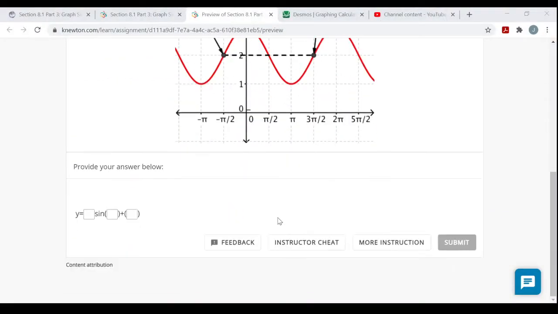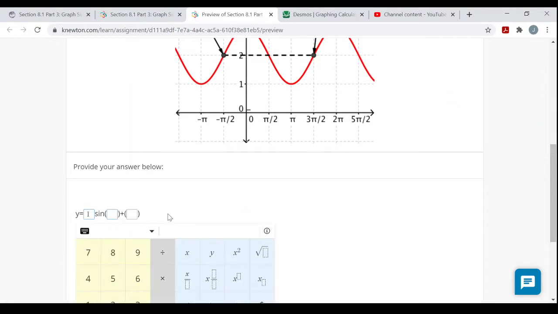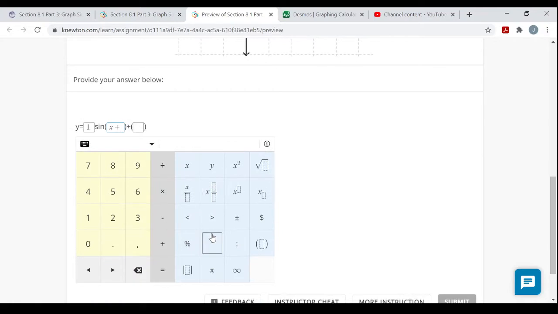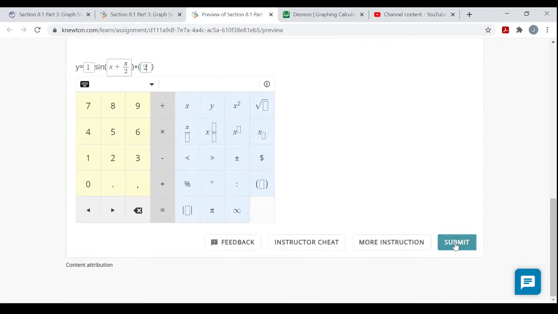So back here, amplitude was 1, and that's going to be a positive 1 because it's not flipped, times the sine of x plus pi over 2, or minus that negative pi over 2 where that cycle started. So minus negative pi over 2 would be plus pi over 2. And then after all that, plus the d, plus 2 where the midline was.